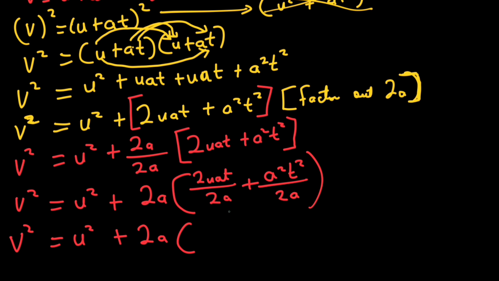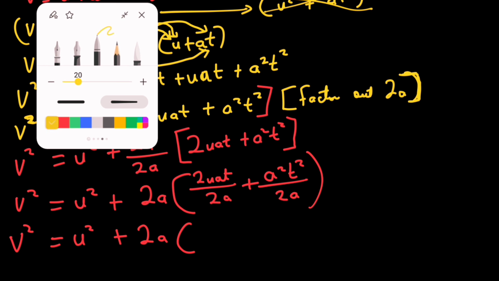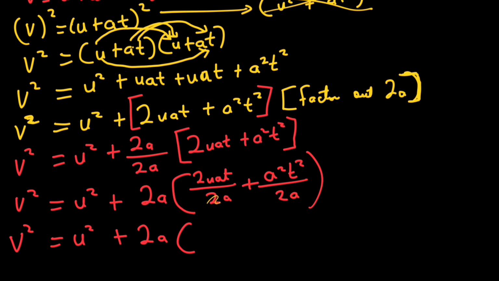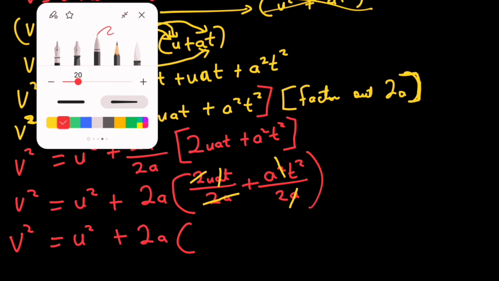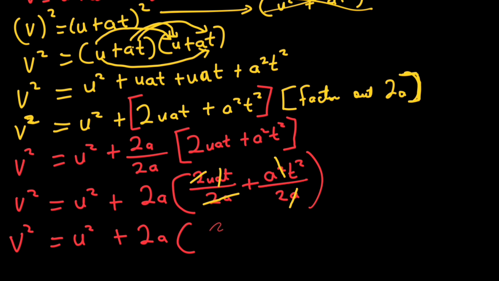So let's do the math here. We cross out these, and cross out one of these, and let's write out what we have left. That's ut plus half.